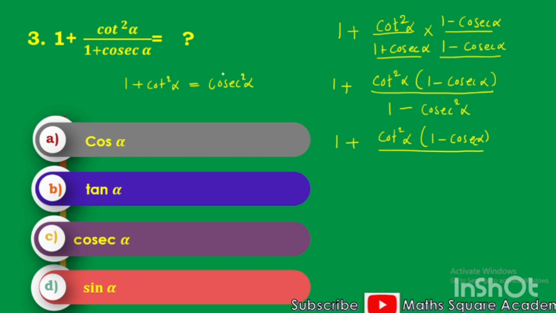If you shift this term to here and cot square alpha to this side, it becomes 1 plus 1 minus cosec square alpha is equal to minus cot square alpha.